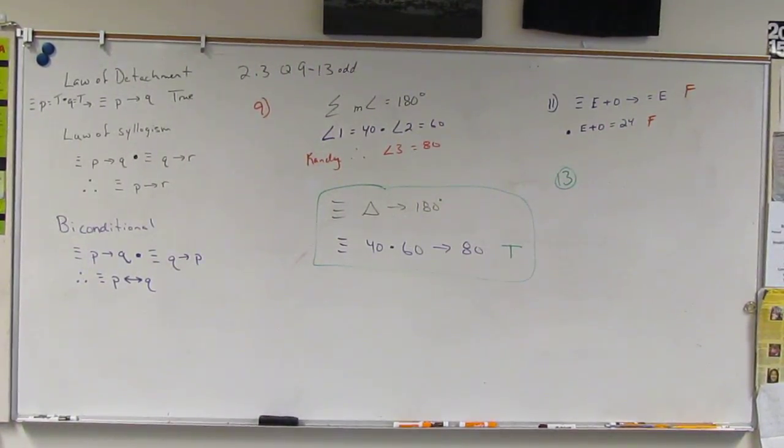All right, so 2.3, number 13. Draw a conclusion from the given information. Given, if Dakota watches the news, she is informed about current events. If Dakota knows about current events, then she gets better grades in school in social studies.